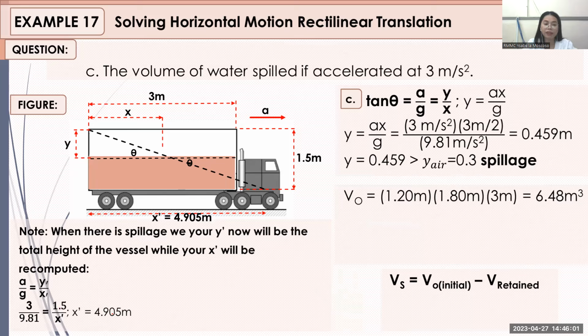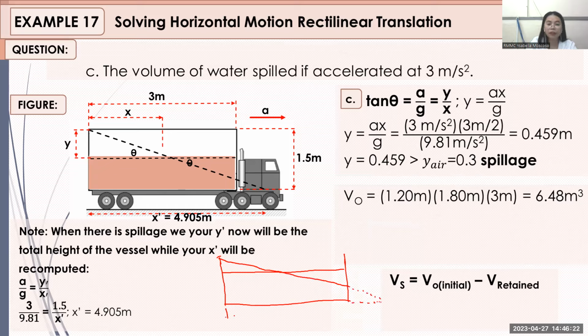X prime is equals to 4.905. Ganito yung nagiging itsura ng vessel natin. Ito yan, yung at rest pa. Nung nagkaroon tayo ng 3 meters per second squared, may tumilapon na tubig, ganito na yung magiging itsura niyan.